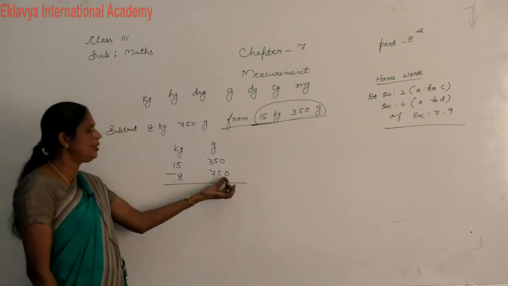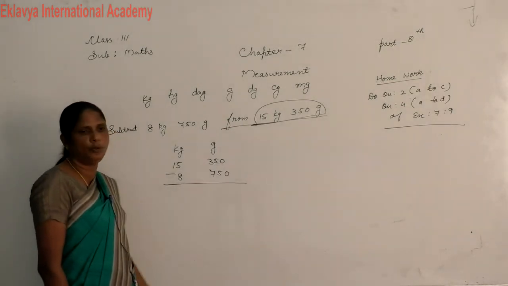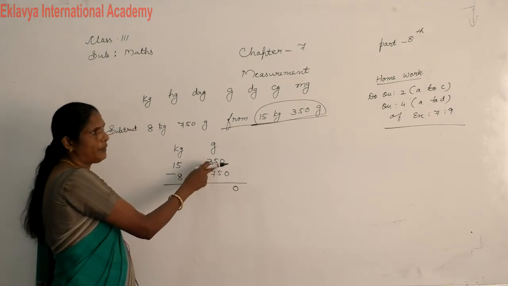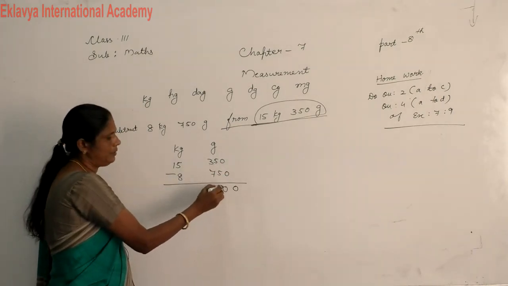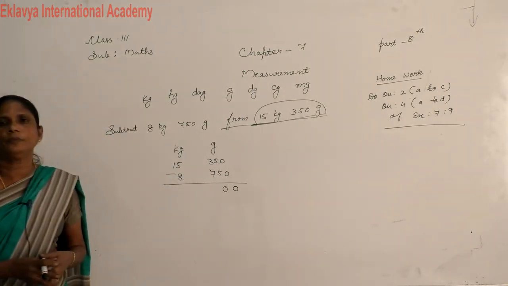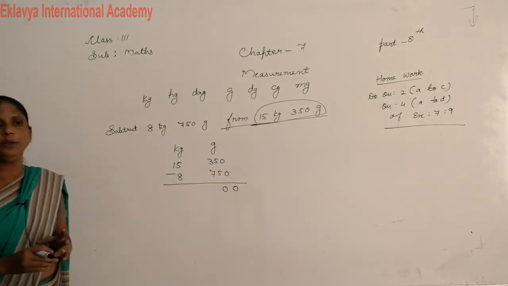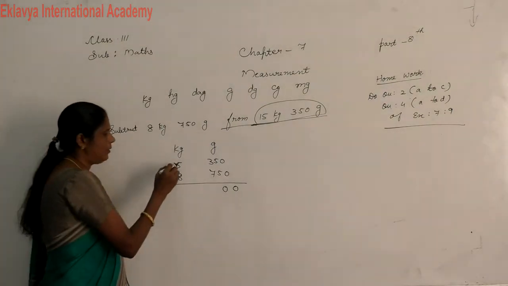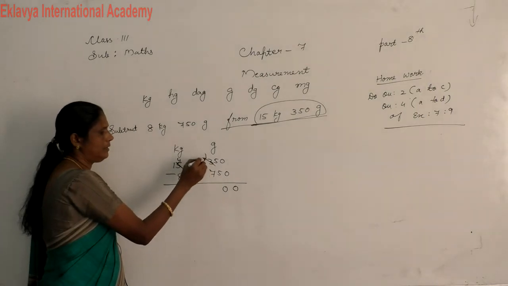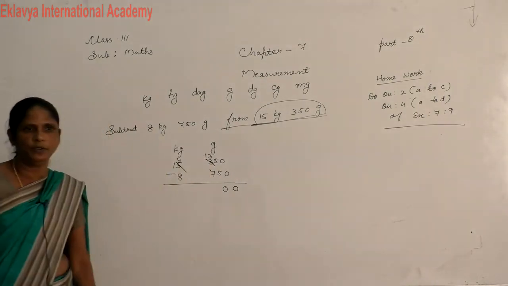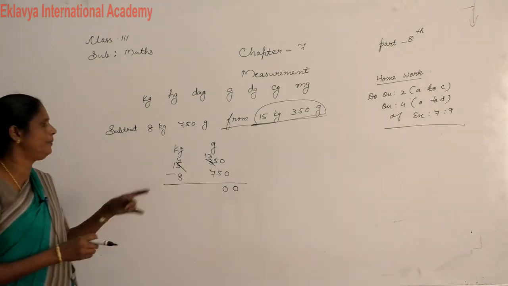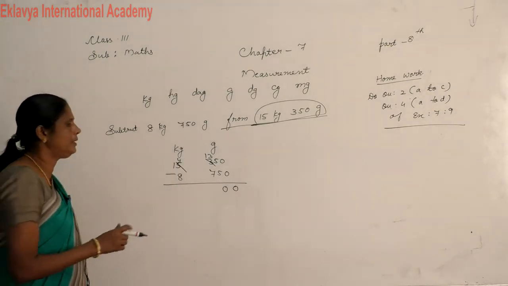First, 0 take away from 0, you get 0. 5 take away from 5, you get 0. Then 7 take away from 3, is this possible? No. You borrow, this becomes 4, this becomes 13. Understand? Now 7 take away from 13, you get 6.